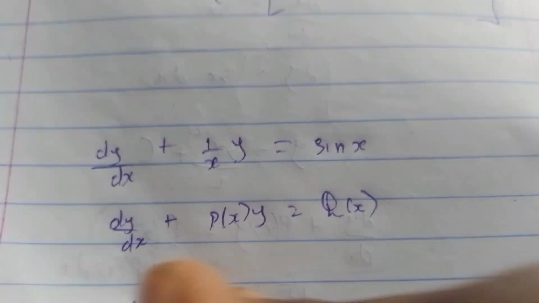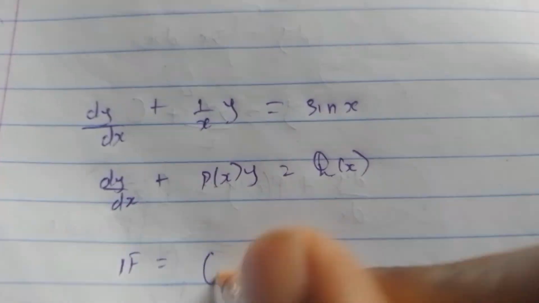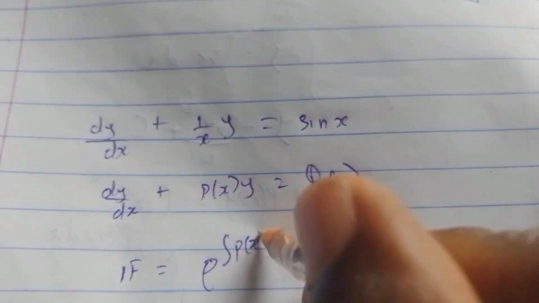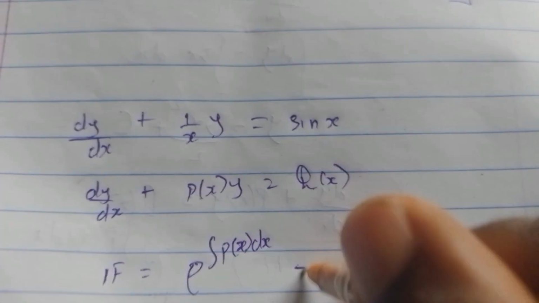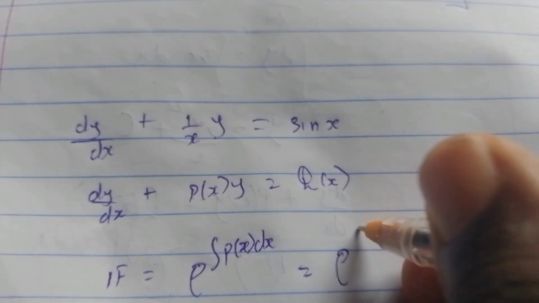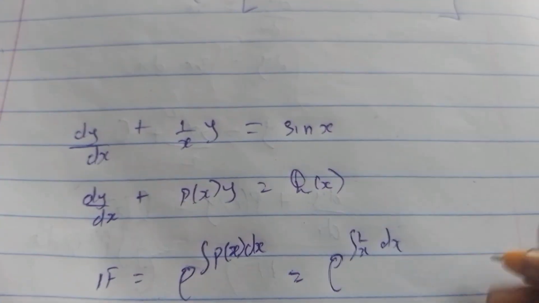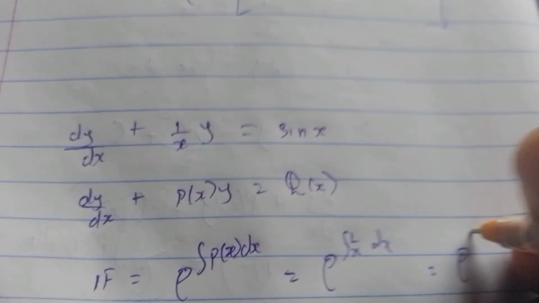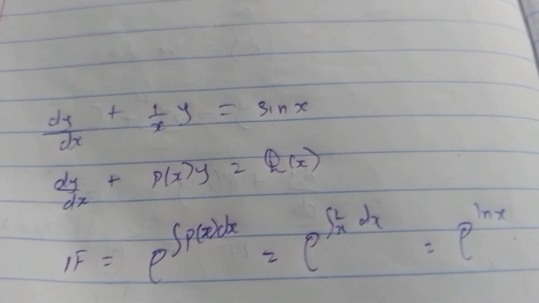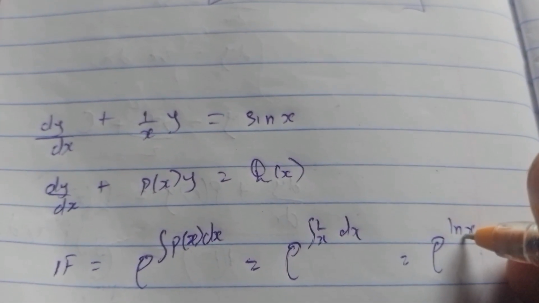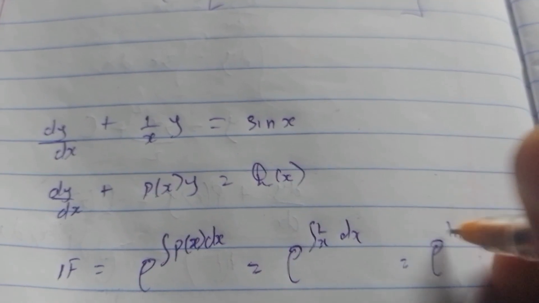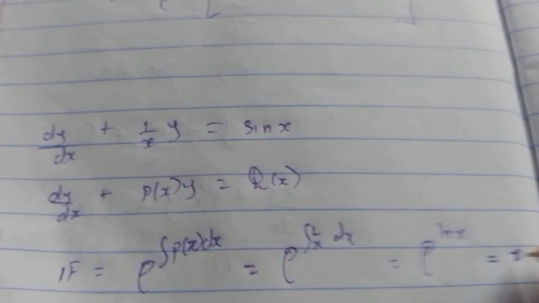So our integrating factor is equal to exponential integral of p of x dx. So this is equal to exponential integral of 1 over x dx. So this will give us exponential ln x, and ln has the base e, so it will cancel out with this. So our final answer is just x.